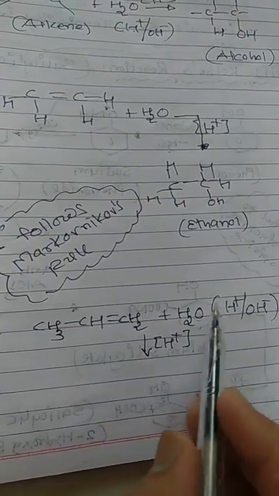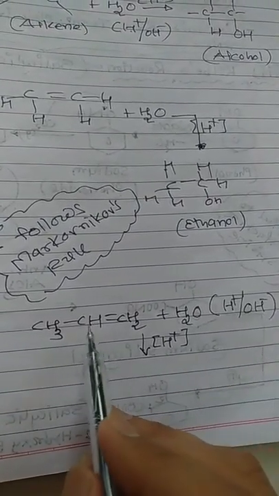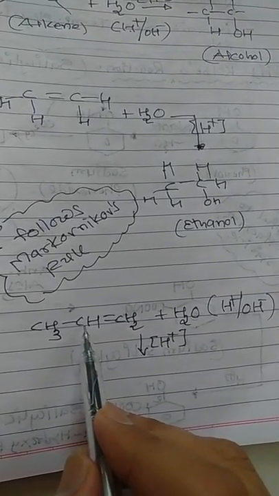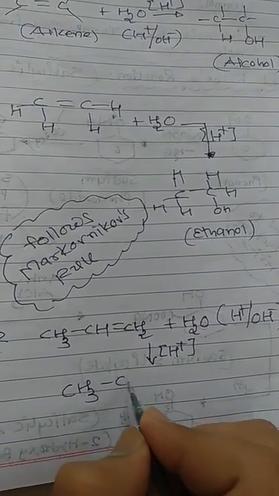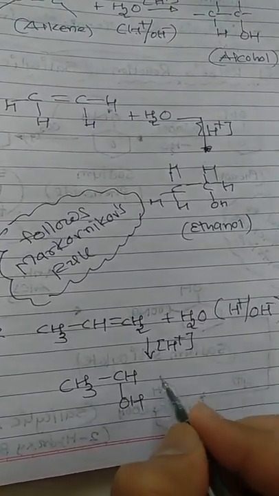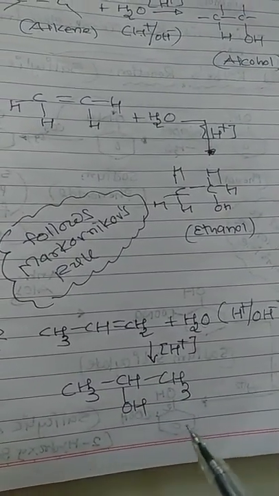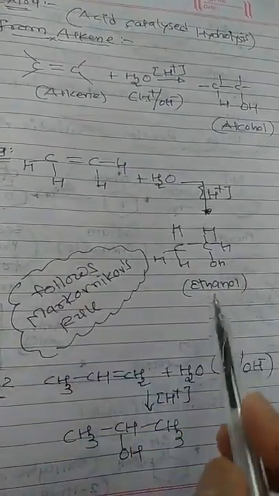According to Markovnikov's rule, the electronegative part of the reagent is attached to the carbon having fewer hydrogens. So OH should be attached to the internal carbon. So we have the product CH3CHOHCH3. This is the product by which we get alcohol, but particularly we were discussing ethanol, so you have to write only that here.